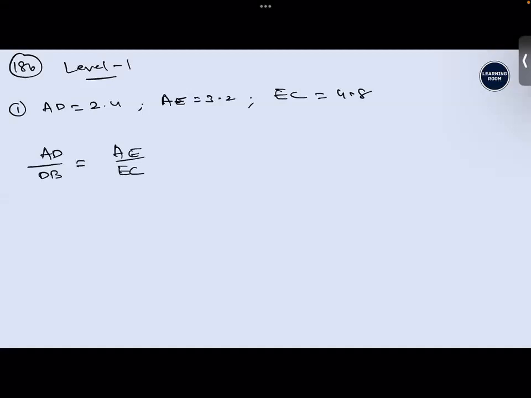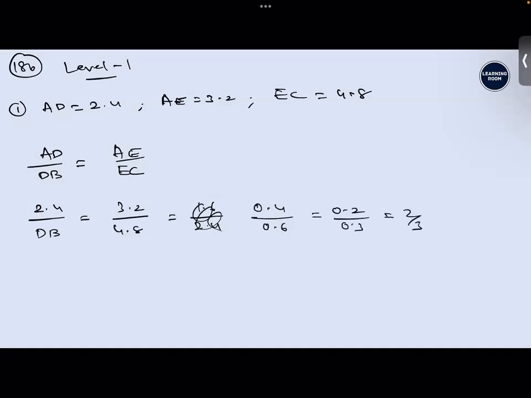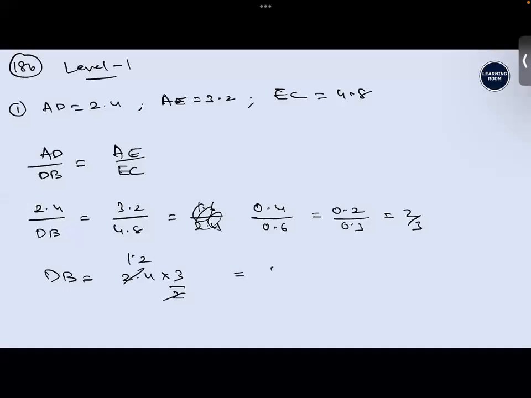So what is AD? 2.4. DB, we don't know. AE is 3.2 divided by EC, which is 4.8. So 3.2 and 4.8 become 1.6 and 2.4, and it goes in 8, so 0.4 divided by 0.6. So DB is equal to 2.4 into 3 divided by 2, which is 3.6.